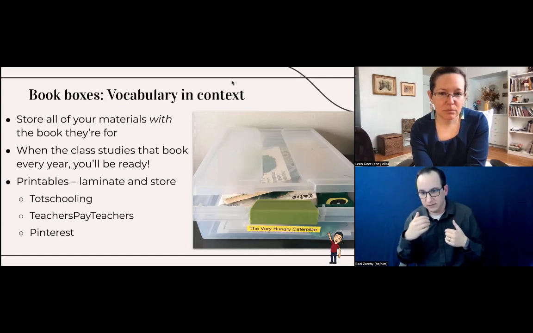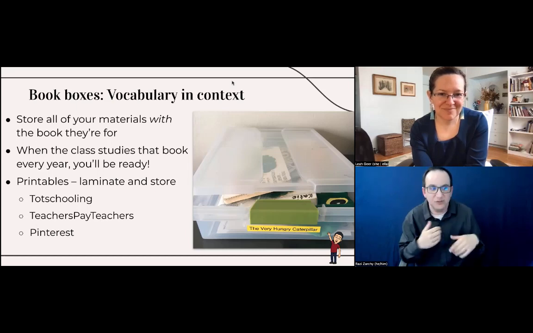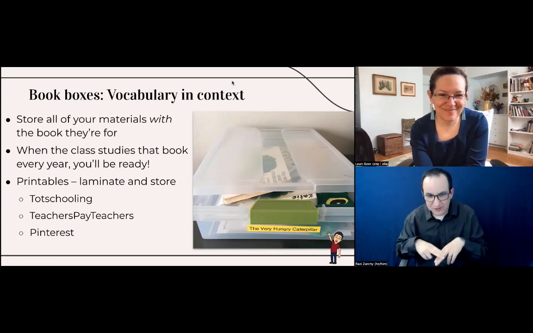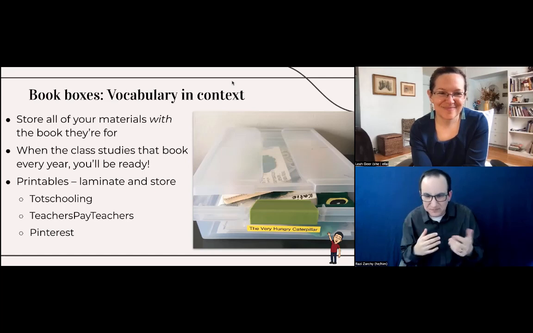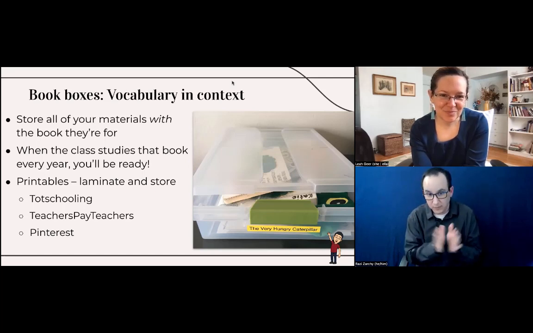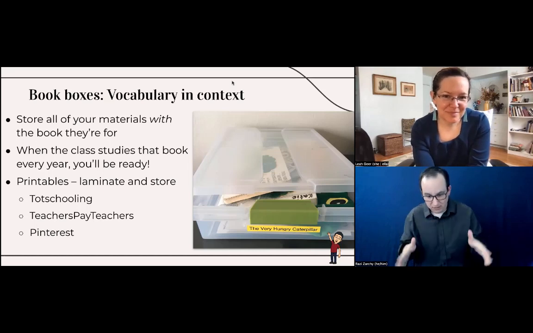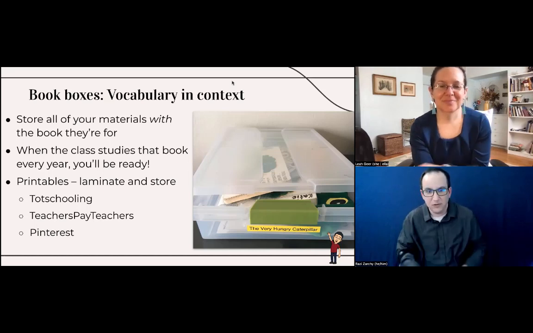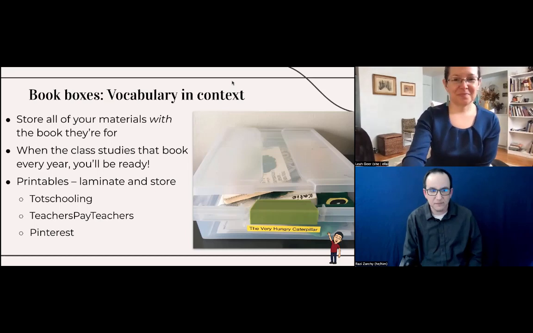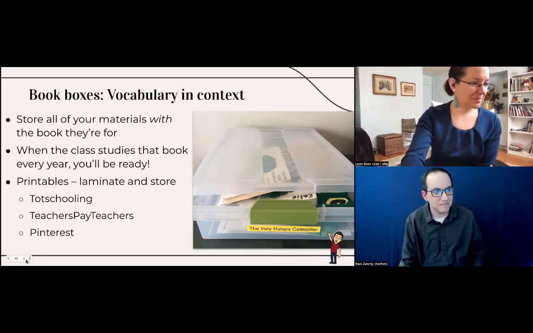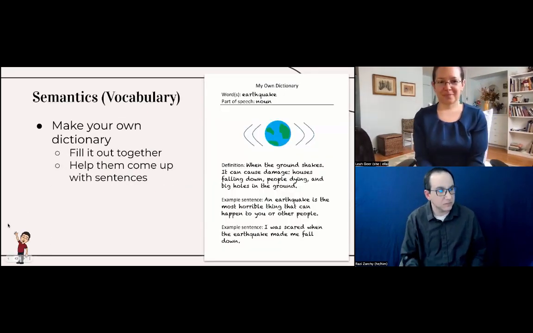It has the Three Bears, and it has Goldilocks, and it has 3 bowls of porridge, the 3 chairs, 3 beds, and has all of that in there. And you can put that all together and keep all of the same story and the same information kind of together in one book box that you can use every year.